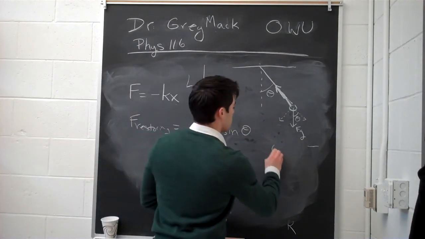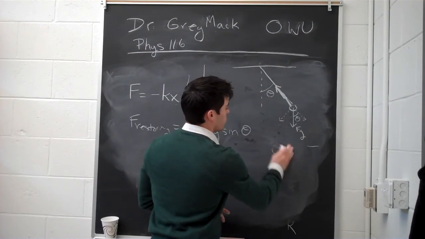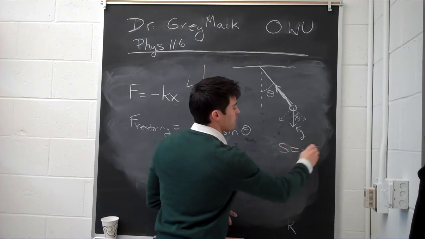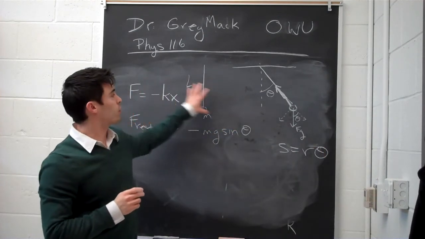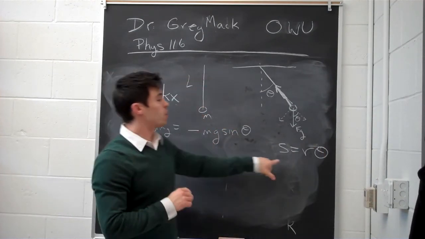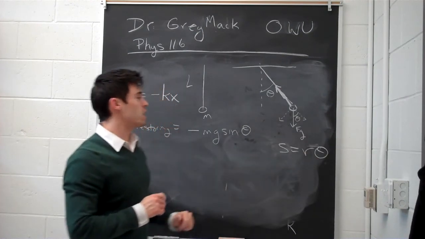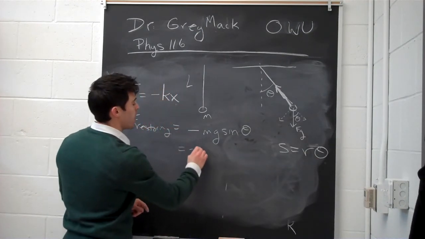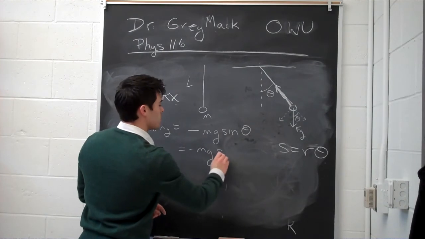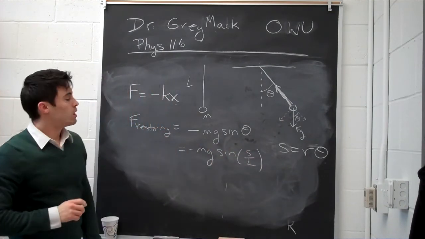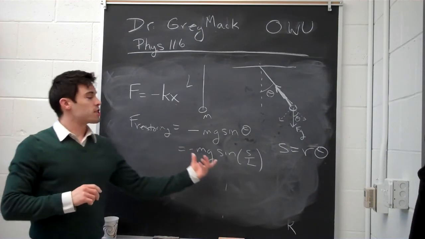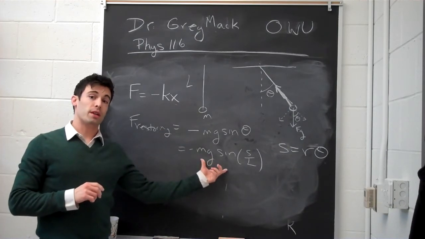If you remember from last semester, S is equal to the radius times theta. The radius of our circle is just going to be the length of this string. So S equals L times theta, or theta equals S over L. So we can put this in as minus mg sine of S over L. This is close to looking like a Hooke's law force, but not exactly.